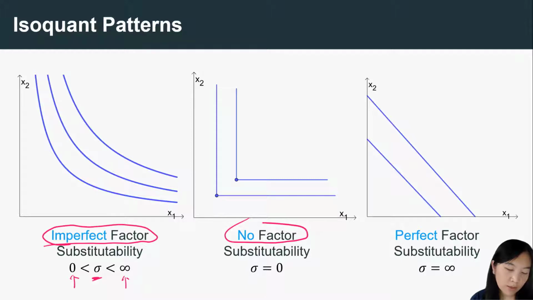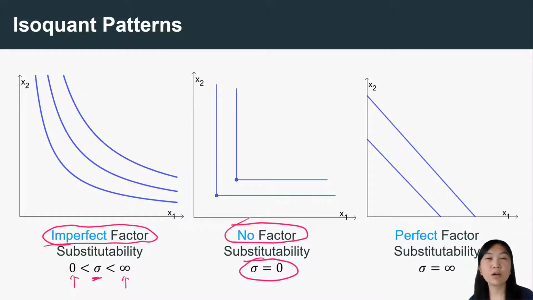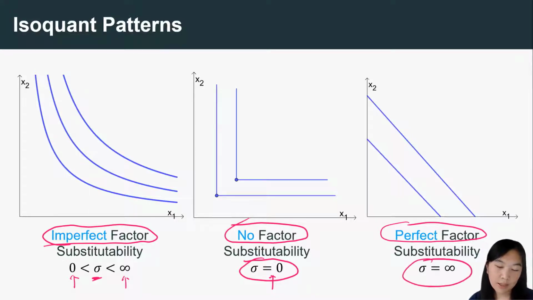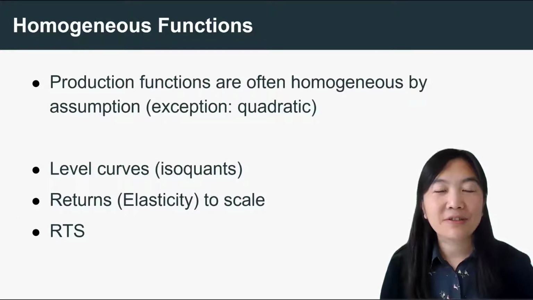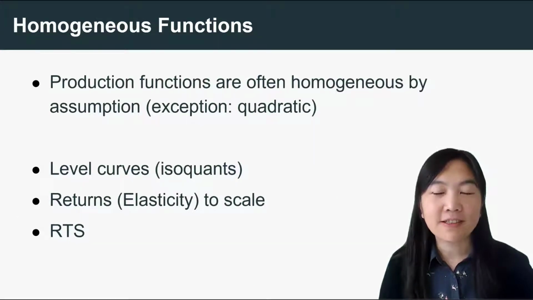When the two factors have to be used in fixed proportion, then there's no substitution between those two inputs, and the elasticity of substitution is equal to 0. And finally, if the two factors or the two inputs are perfect substitutes, then the elasticity of substitution is equal to infinity. Okay, let's move on to homogeneous production functions.